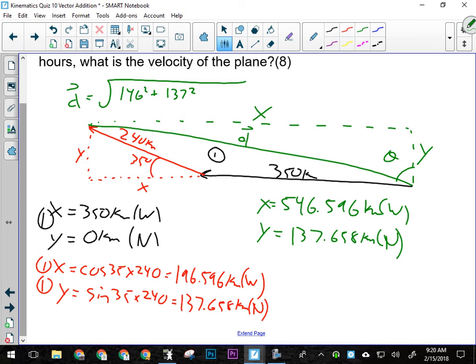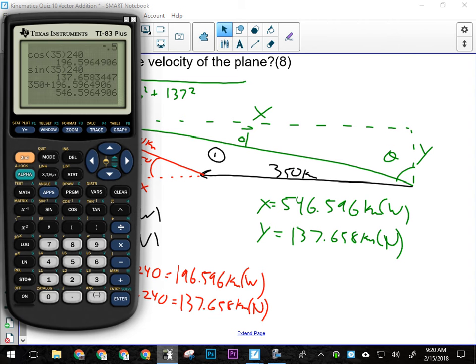Okay, so now we've got those two things, so there should be 546. Actually we can just use the answer there, answer squared, plus 137.6583447 squared. All right, so the total displacement of the plane is 563.66 kilometers.